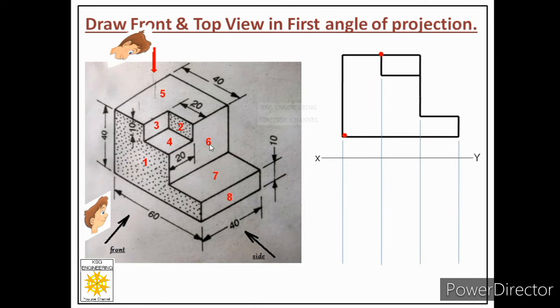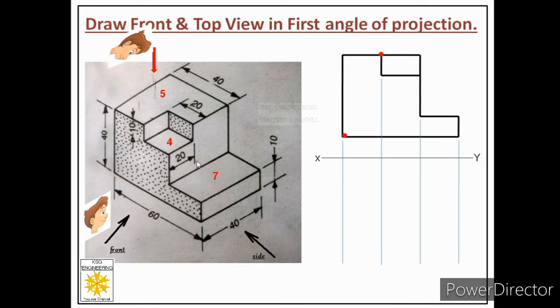Face 2, face 6, face 8: height dimension, height dimension, height dimension. So these are not visible from top. So we concluded that there are only 3 faces which will be visible from top. It means if we draw these 3 faces with their proper dimension and location, we will get the top view of this object.